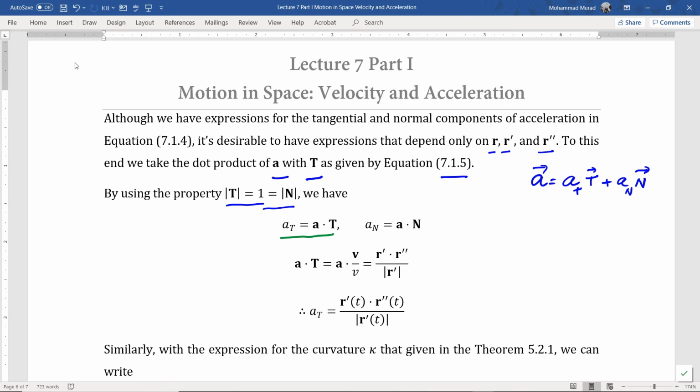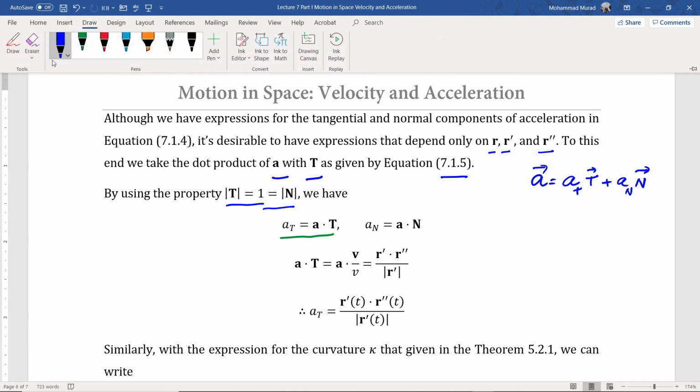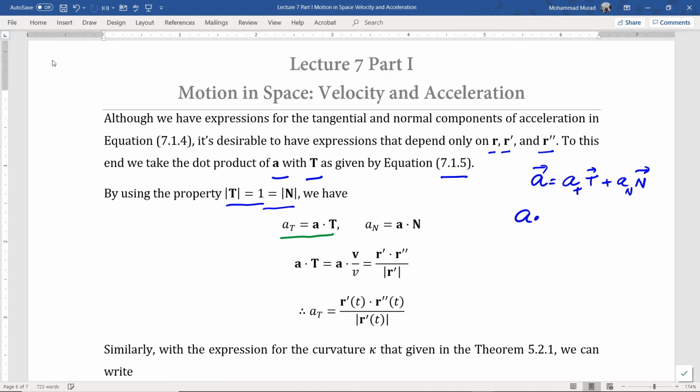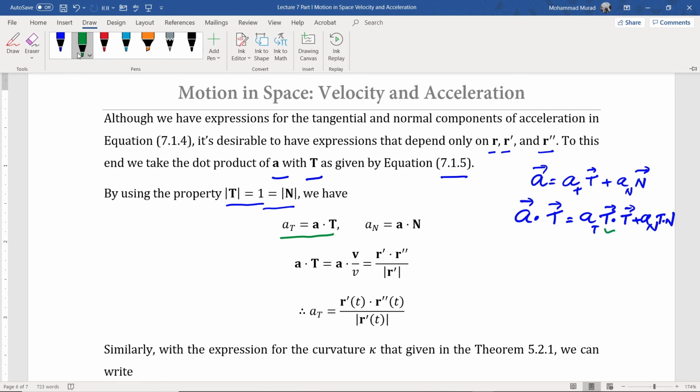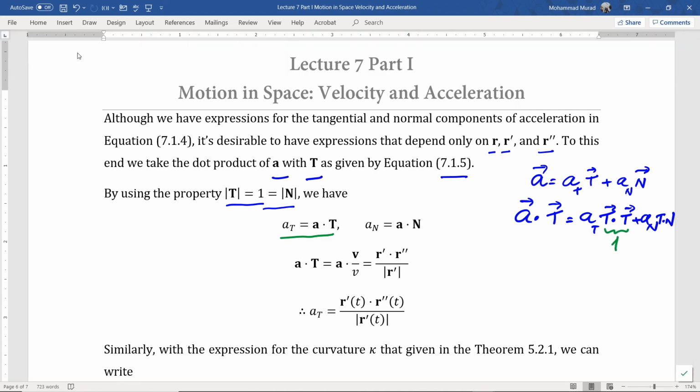So if we take the dot product of a with T, we have a sub t times T dot T plus a sub n times T dot N. This is the magnitude squared of the unit tangent vector, which is 1, and T dot N is 0, since the unit tangent vector is orthogonal to the unit normal vector.